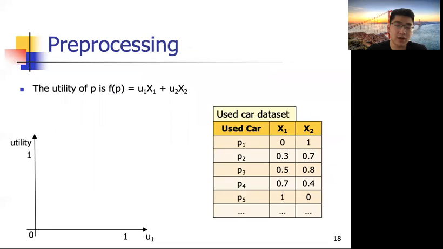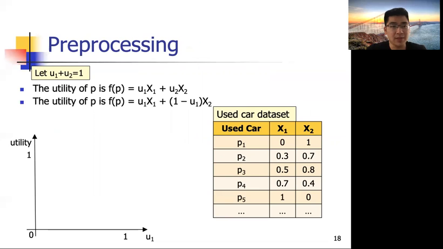The utility of a used car can be represented in this way. Without loss of generality, let us assume U1 plus U2 is equal to 1. Then we can represent the utility of each used car by only U1. In this way, we can plot the utility of each used car as a function of U1.